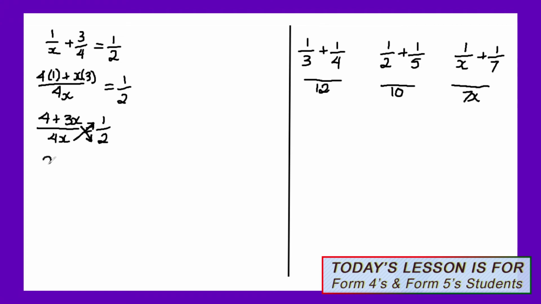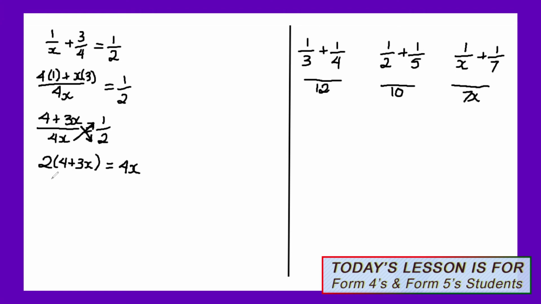So here we have 2 by 4 plus 3x, and that is equal to 4x multiplied by 1, and we know any number or any quantity multiplied by 1 is itself. So this looks quite familiar.